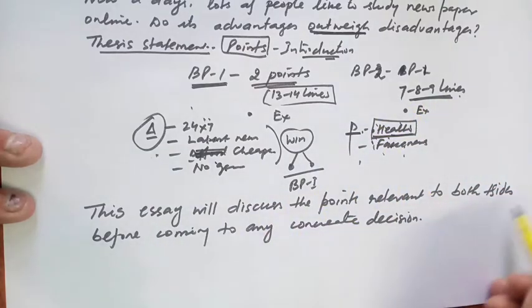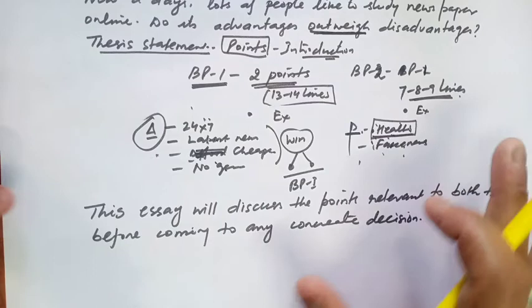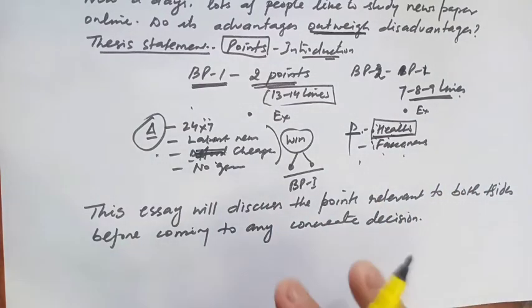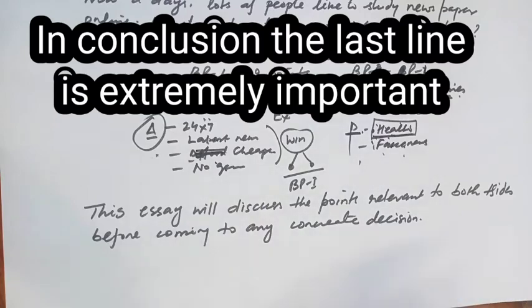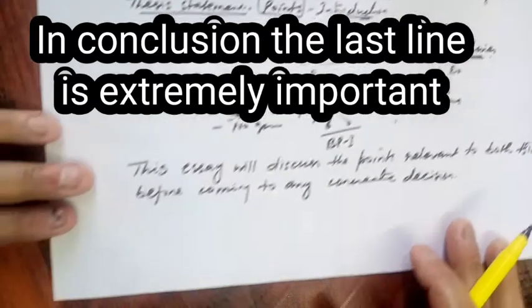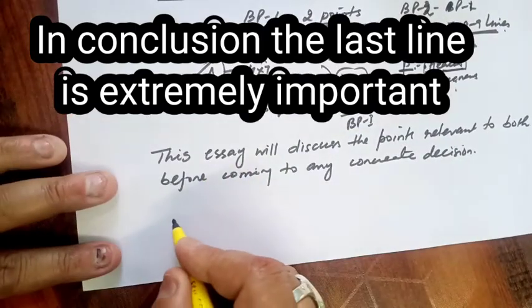And after that things are over, then in the conclusion, the last line is very, very important. Dear students, you might have never heard about this line, but it has to be written there. What is the last line of your conclusion?